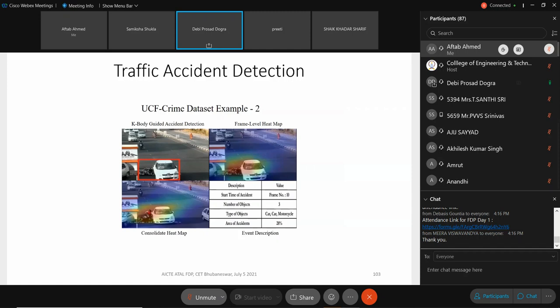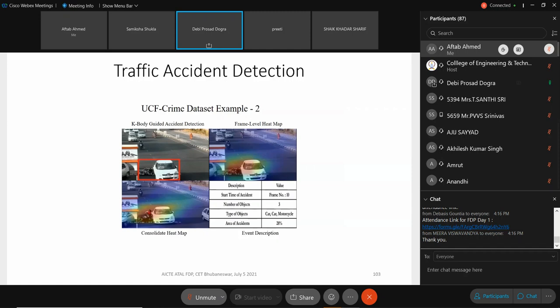So at the back end, there are several machine learning and deep learning models running so that we are able to generate the spatial location of the accident, which is on the top left, then the probable heat map of the affected area during that frame, the frame level heat map, at the top right, then the bottom left is the consolidated heat map.